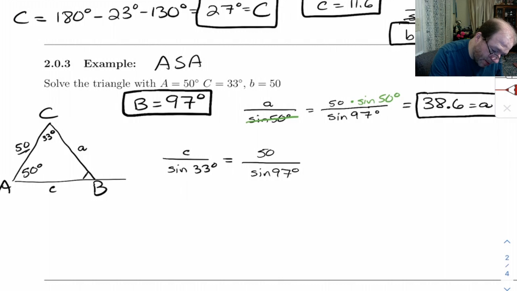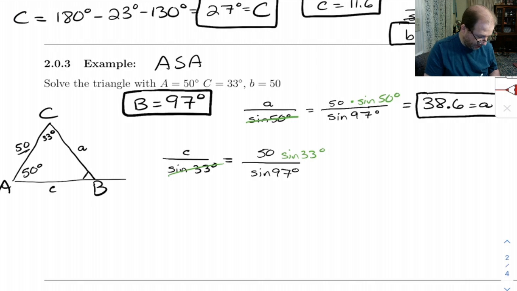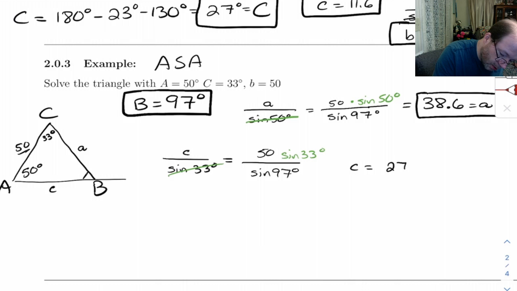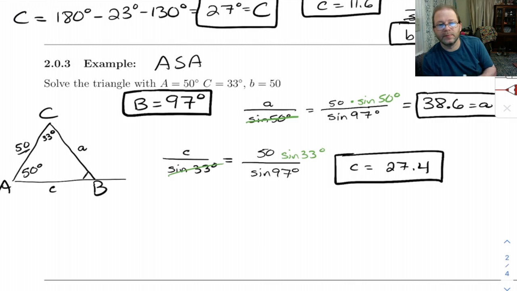So again, I'll multiply by sine 33 on both sides, and I'll get 50 sine 33 over sine 97. So we get 27.4. All right, so this is feeling really repetitive.